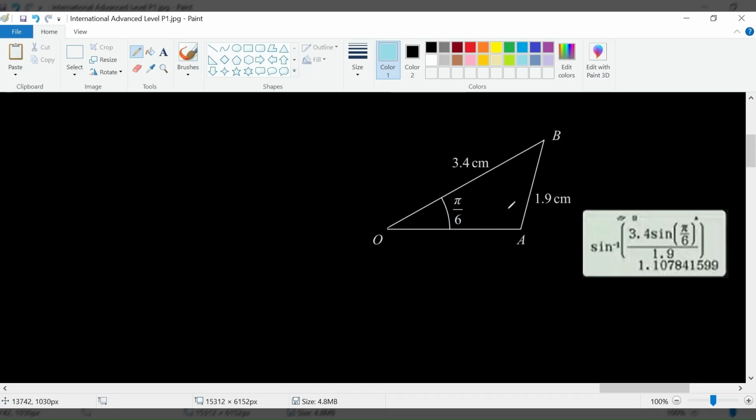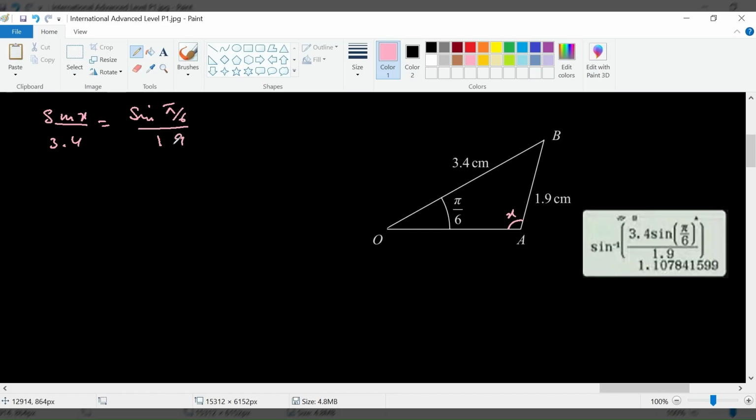And in here, we are finding out this angle, as you can see, OAB. This is the angle we need to find out. Now, for the calculation, we know very well that sine x over 3.4 and sine of pi over 6 is in proportion of 1.9.